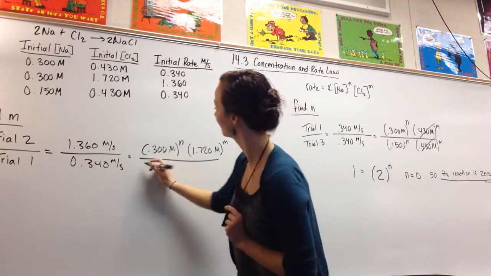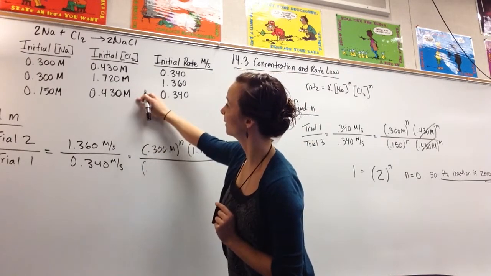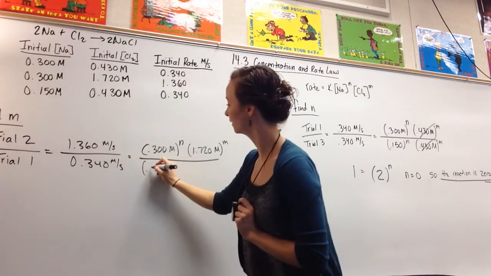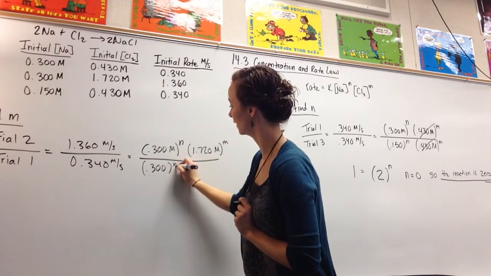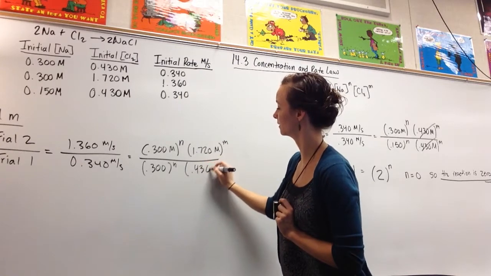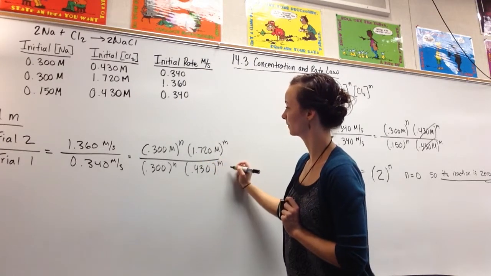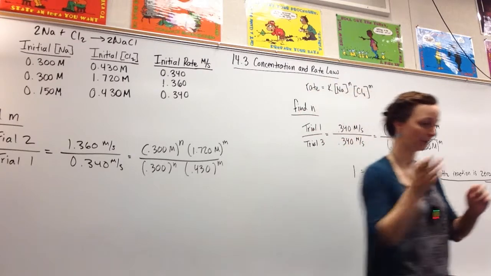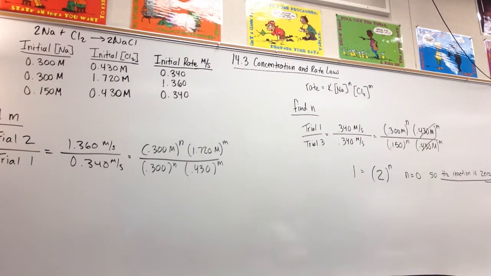For trial 1, my sodium is still 0.300 to the N, and my chlorine is 0.430 to the M. Okay, so now I've got that plugged in.